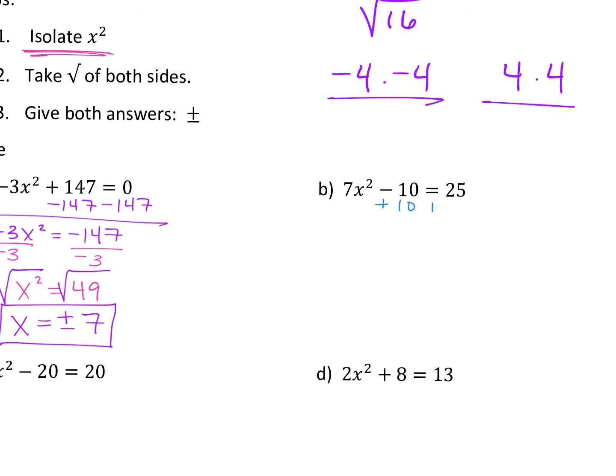Add 10 to both sides, right? So 7x squared equals 35. Divide by 7. X squared equals 5. What do I do next? Square root both sides, okay? Is the square root of 5 a nice number? No. So we're going to write that as plus or minus the square root of 5.